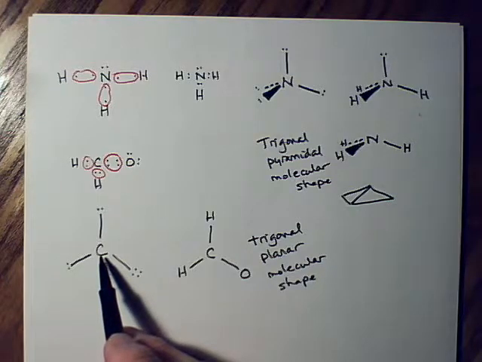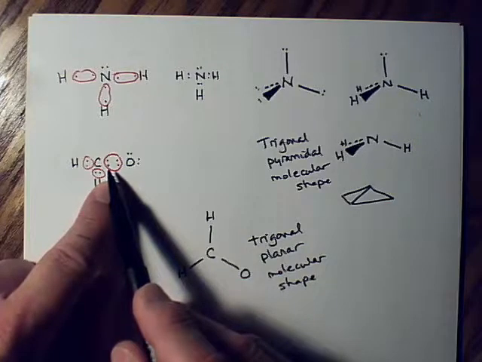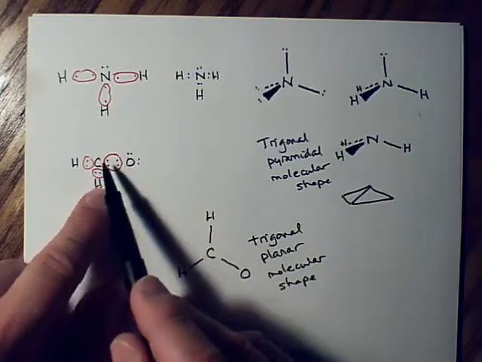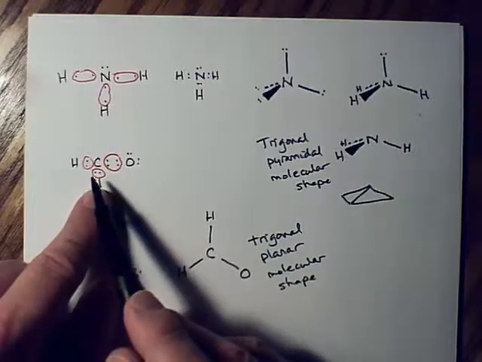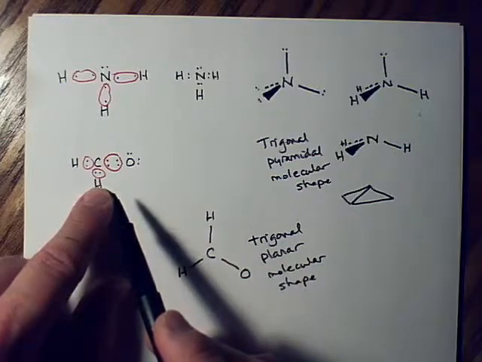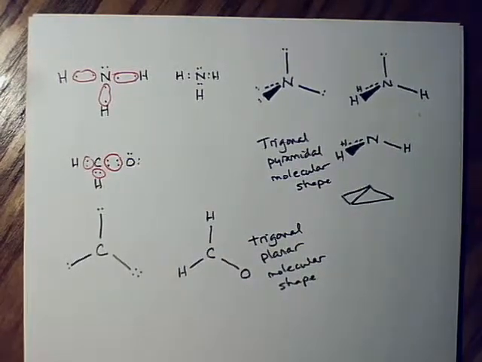Ah, very good, yes. Because there's a double bond here. We've got one sigma bond and one pi bond. So we add up all the sigma bonds. That's 1, 2, 3. There are no lone pairs. So 3 is the sum of all the lone pairs and sigma bonds. That's an sp2 hybridization.